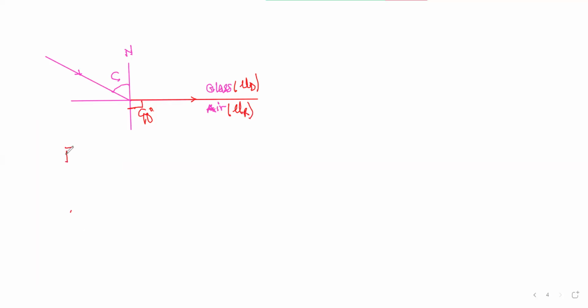Now, for any two composite media, the product of the refractive index of the first medium and the sine of the angle of incidence must be equal to the product of the refractive index of the second medium and the sine of the angle of refraction in the second medium.